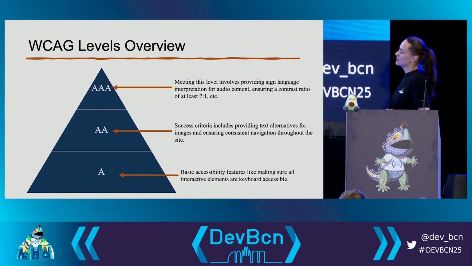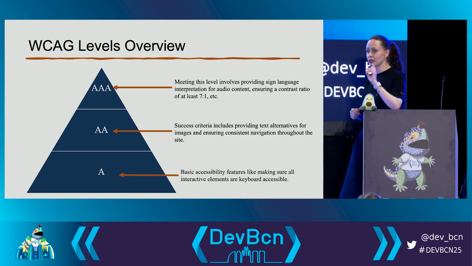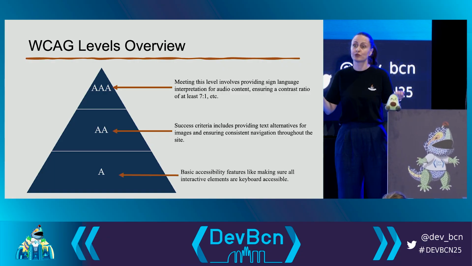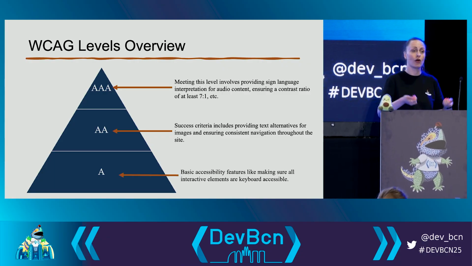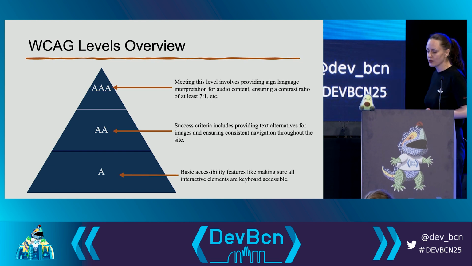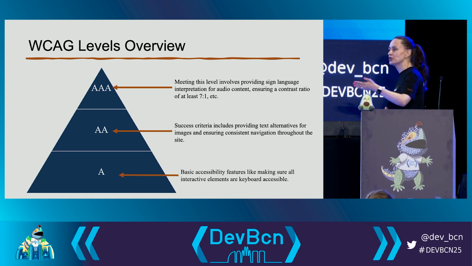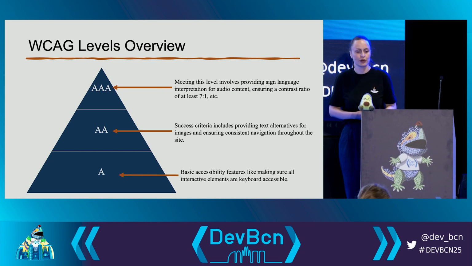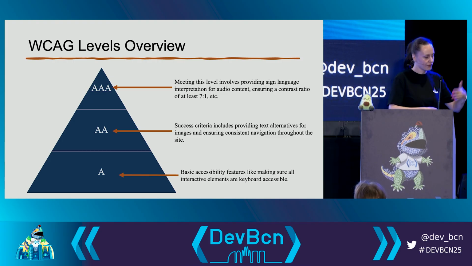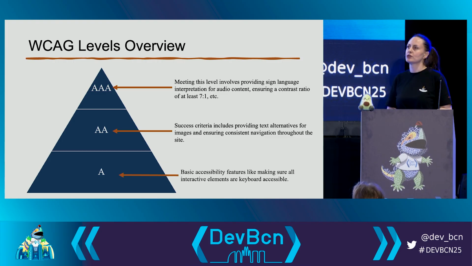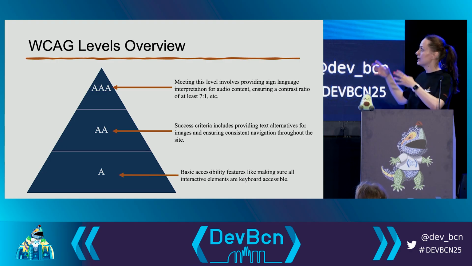Criteria of this level means that you have some sign language interpretation for your audio content, or you have a contrast ratio of at least 7:1 for your content, or you're offering extended audio descriptions in multimedia content so that people can get to that.